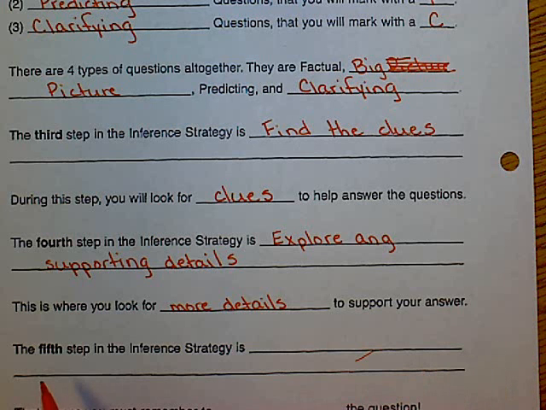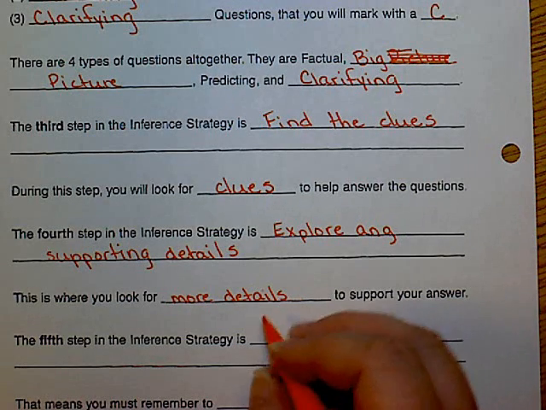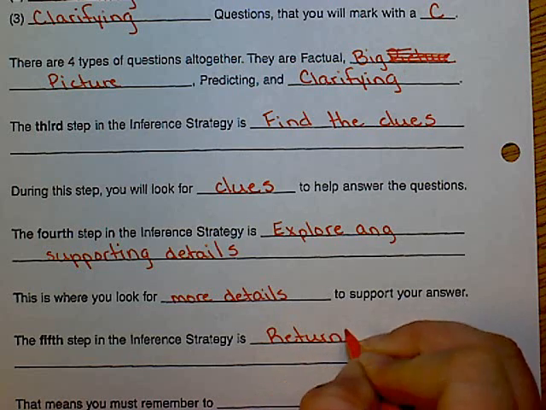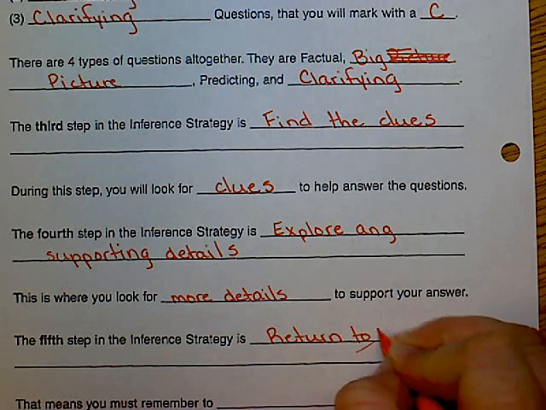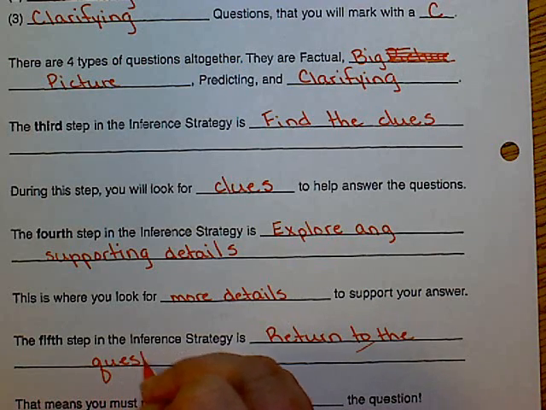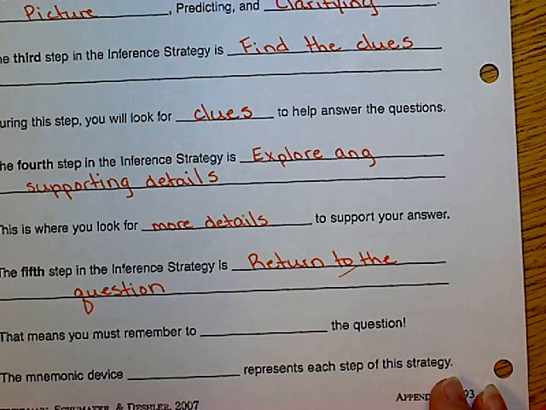Okay, so the final step in the infer strategy, you are going to return to the question. So go ahead and enter that now. Return to the question. This means that you have to make sure that you answer the question.